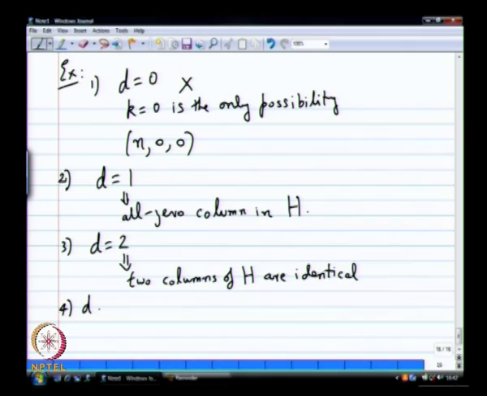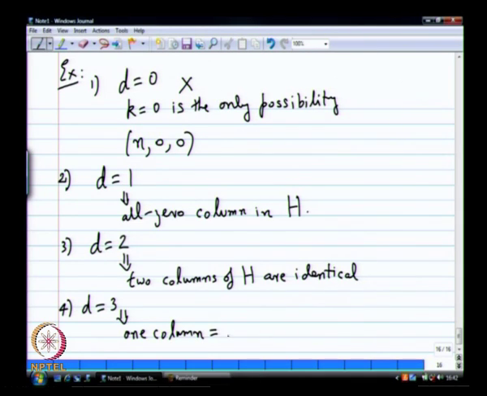So for d equals 3, what should happen? One column equals the sum of two other columns. When I say sum, it is always modulo 2 sum. d equals 4 onwards is a little bit more complicated. d equals 4 maybe is not too difficult, but d equals 5 onwards is definitely more complicated.